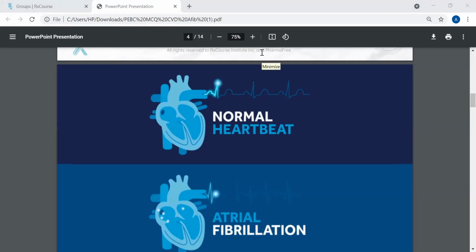Which point, ma'am, do you need me to repeat? In which one is ablation the best choice, flutter or multiple foci or one focus? Okay, so we have atrial fibrillation and atrial flutter. In atrial flutter, ablation is generally preferred.